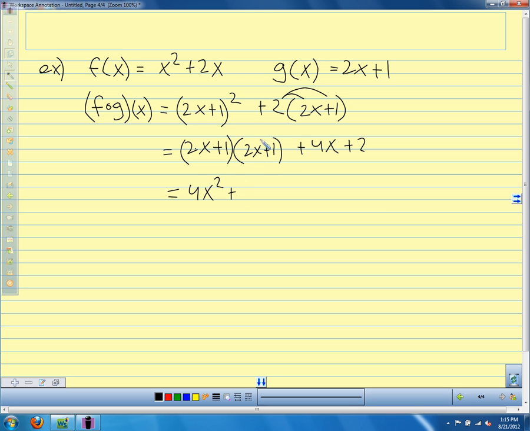The outside is 2x and the inside is 2x, so when I add those together, I get 4x. And the last is plus 1. And then I need to add this. When I simplify, I get 4x squared plus 8x plus 3. So that's f of g of x.